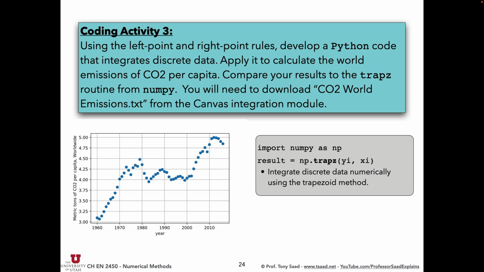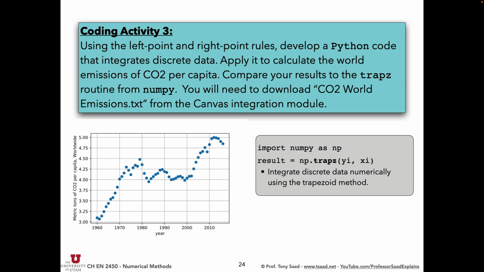Now, for all of those rules, the left point, right point, midpoint, don't forget our initial premise in how we are going to approximate functions or data in order to do numerical integration. The idea was to fit a polynomial, order 0, order 1, order 2, order 3, whatever.